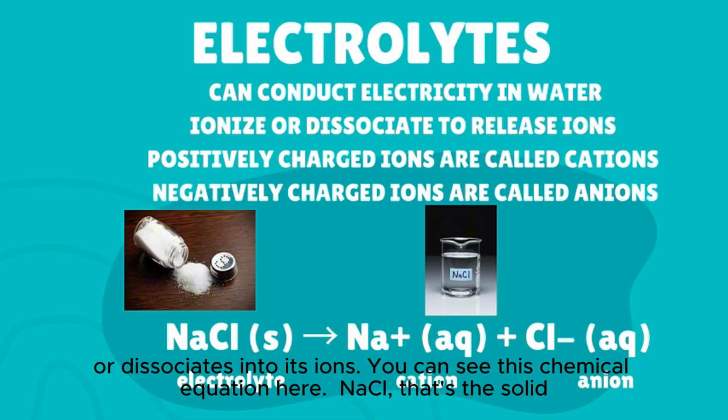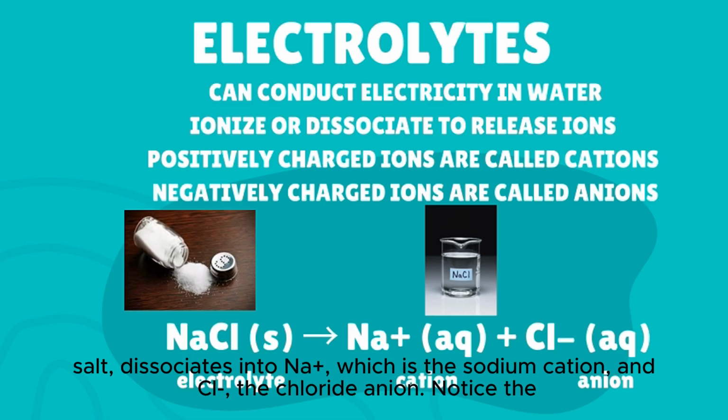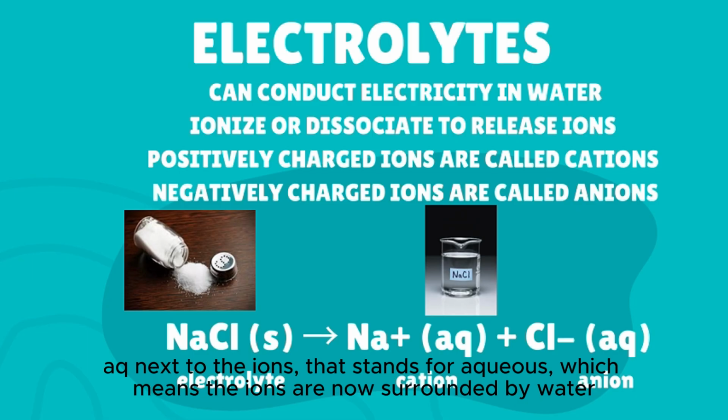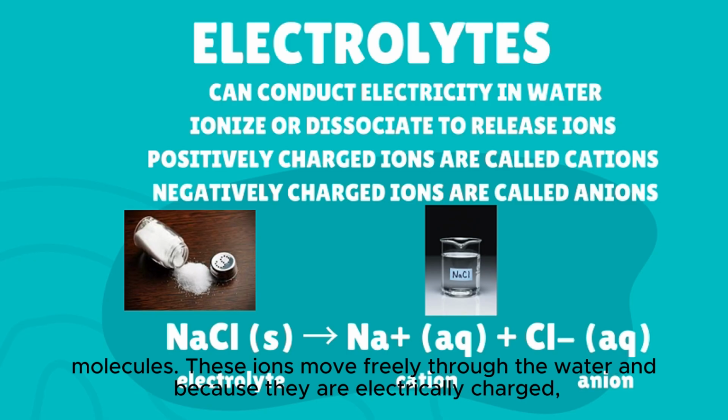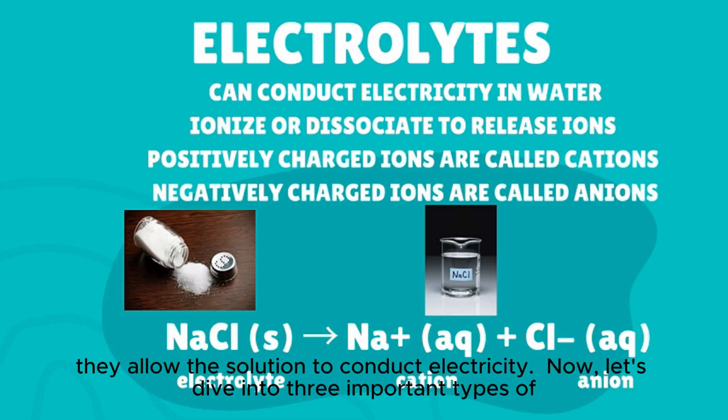NaCl, that's the solid salt, dissociates into Na+, which is the sodium cation, and Cl-, the chloride anion. Notice the aq next to the ions. That stands for aqueous, which means the ions are now surrounded by water molecules. These ions move freely through the water, and because they are electrically charged, they allow the solution to conduct electricity.